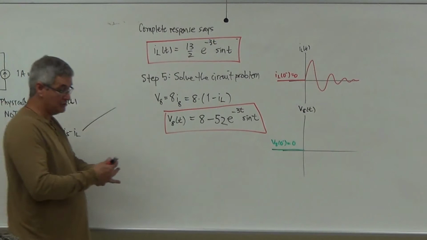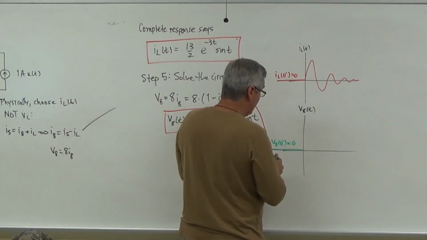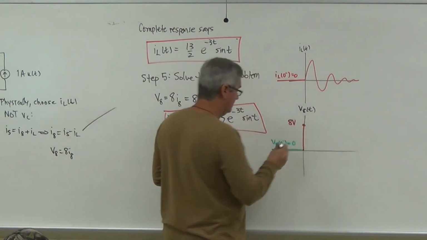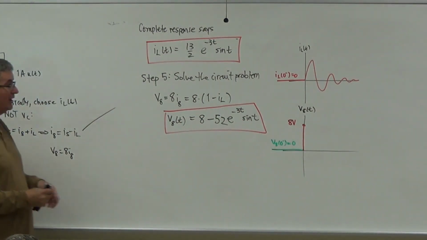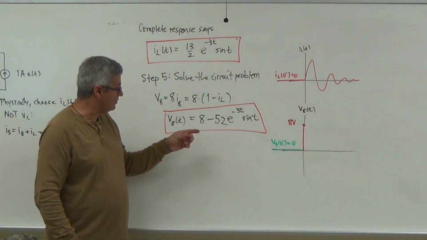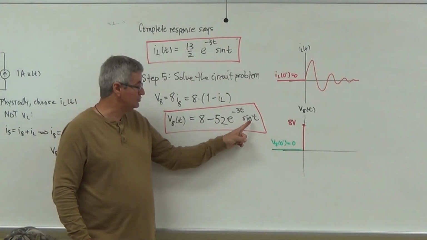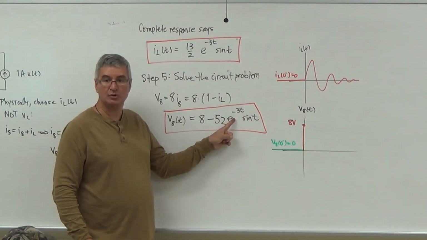And then what you'll see here is that this jumps all the way up to 8 volts. As it moves just a little bit off this, now I don't know the competing factor here, but I'm assuming this one is going to be small and this one is going to be almost close to 1.